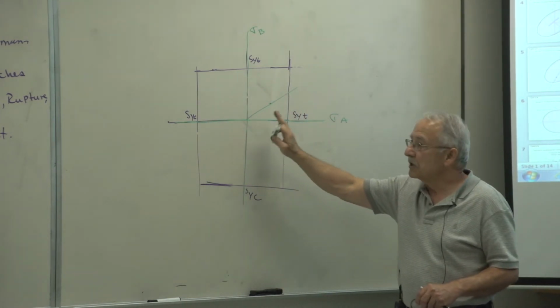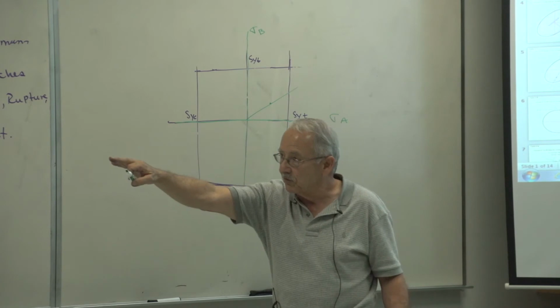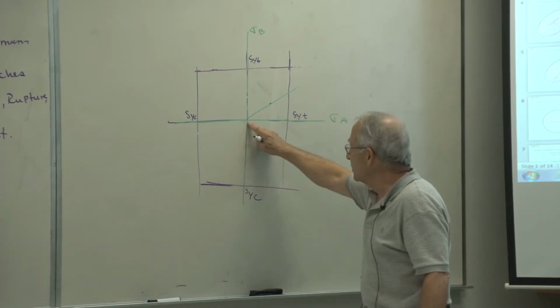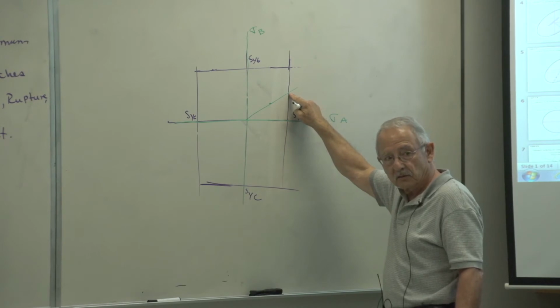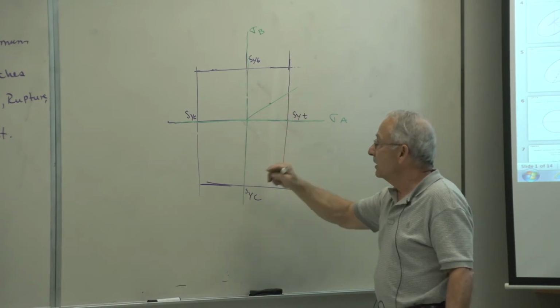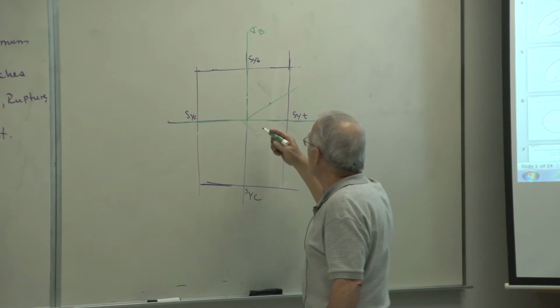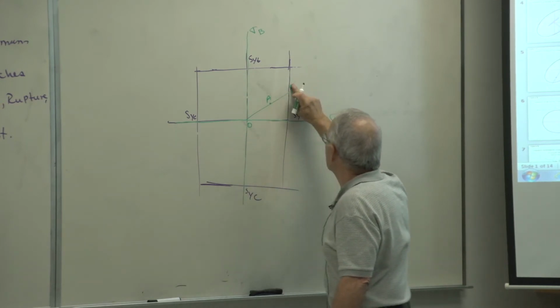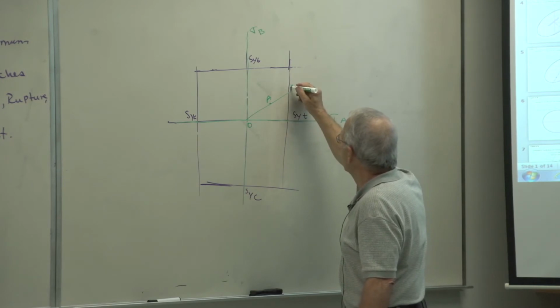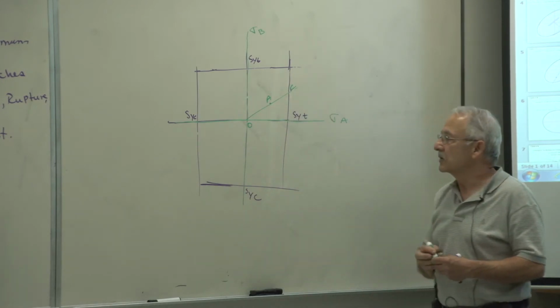If the point falls here, factors of safety can be found by dividing the distance from the origin to the cross-section of the load line and the strength line, divided by the distance between the origin and C, I guess I called it, the strength line.